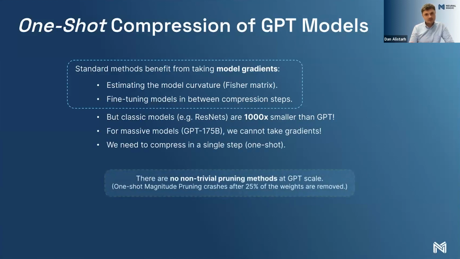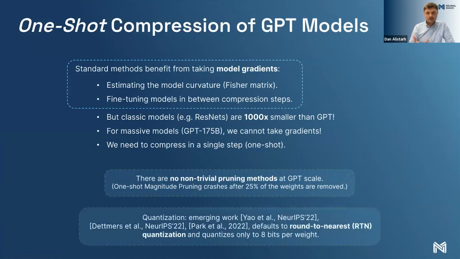For this reason, before our work, there were no non-trivial pruning methods at GPT scale. Just sorting the weights and selecting them by magnitude pruning will crash after a trivial amount of sparsity, less than 25%, has been imposed. There's been a lot of work emerging on quantizing such models, but much less work on pruning.